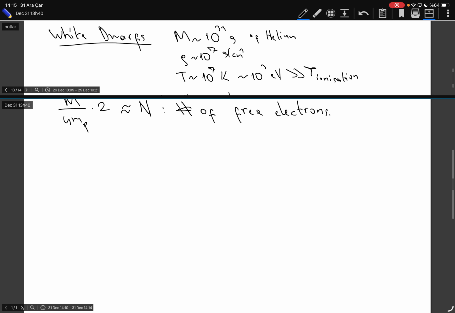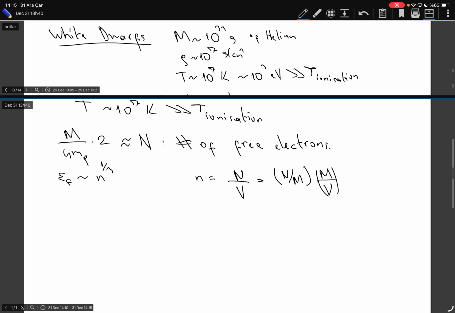And remember what the Fermi energy was? The Fermi energy is some coefficient times n to the power 1/3, n being the number density, N over V, or we can write this as N over M times M over V. Now, M over N is around 4 times the mass of the proton.